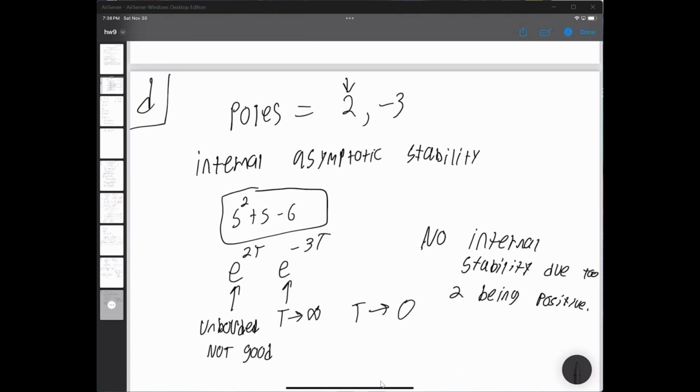See, because if you were to solve this to find a differential equation, right? e to the -3t, as t approaches infinity, goes to 0. That is what solidifies internal asymptotic stability for poles. The pole must be negative. Now, since 2 is positive, it does not have internal stability.